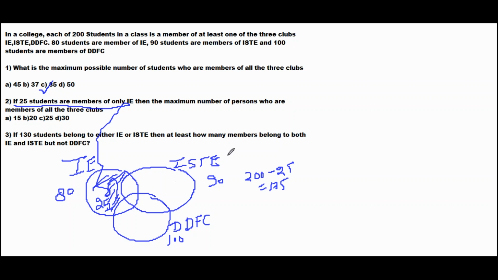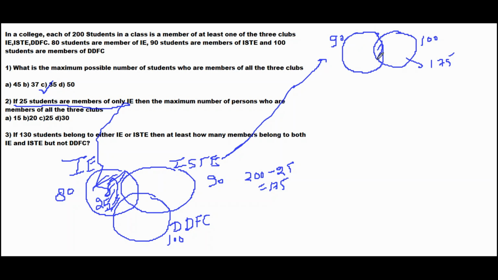Okay, now check. I'm writing this here. Here are two circles. This value is 90. This value is 100 and the overall value is 175. So what will be this common portion value?